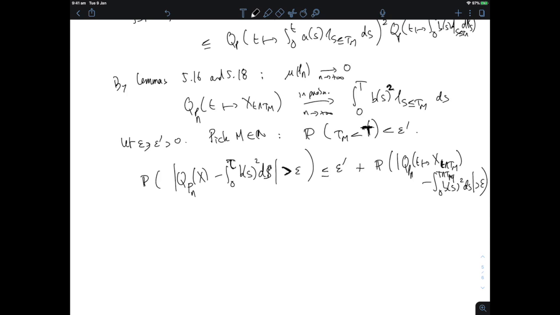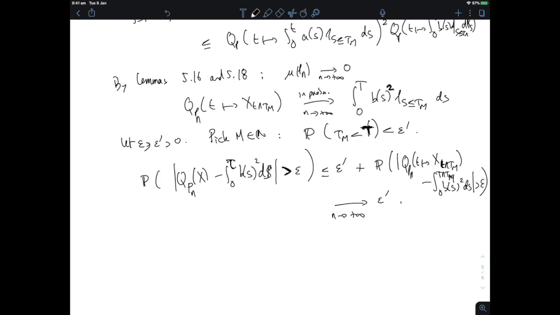So this entire thing is smaller than epsilon prime plus something which does go to 0 as n goes to infinity. And that was for every epsilon prime.